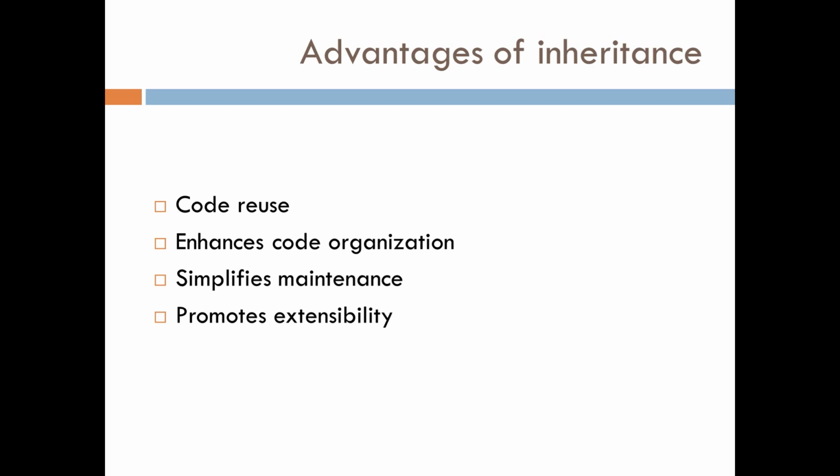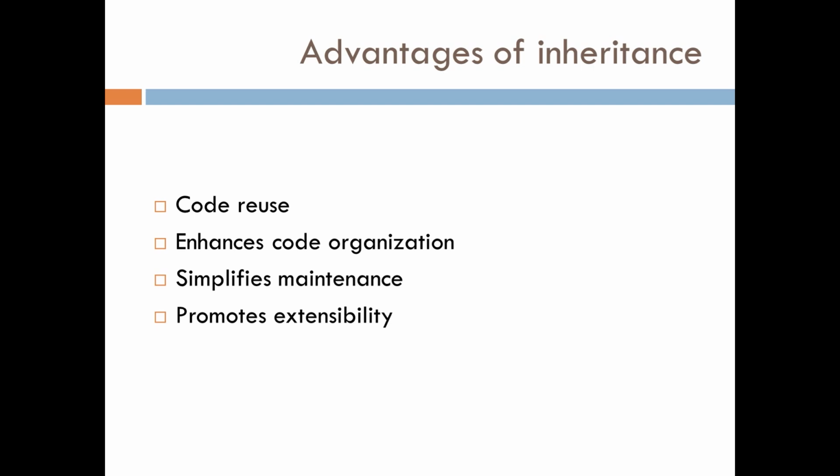So now let us see what the advantages of inheritance are. Obviously one of the advantages is code reusability. So we can use the existing code again without modifying it. Next is enhancing the code organization. Inheritance allows us to arrange the classes in a hierarchical order, so code organization will be easy.